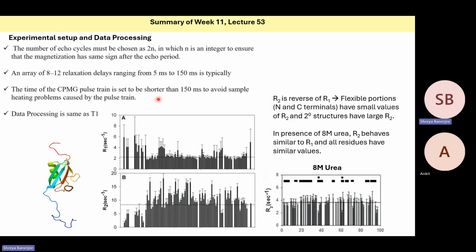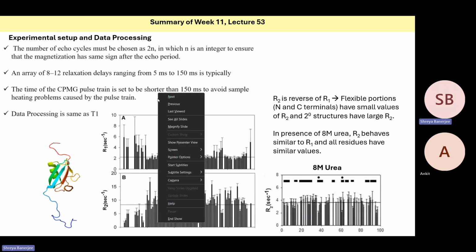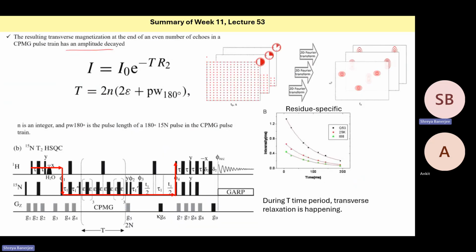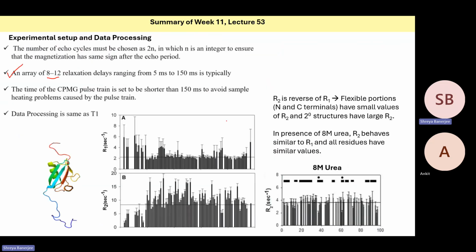Now again, here there is a certain experimental data setup and processing which you don't need to look into the details of. You need to remember that similar to T1, here also 8 to 12 experiments need to be done. So these are different experiments, 1, 2, 3. This needs to be done 8 to 12 times with different values of capital T. And the values of capital T can range from 5 millisecond to 150 millisecond.